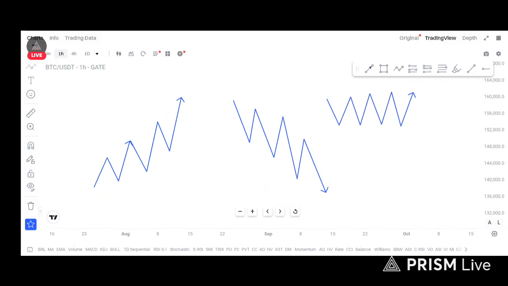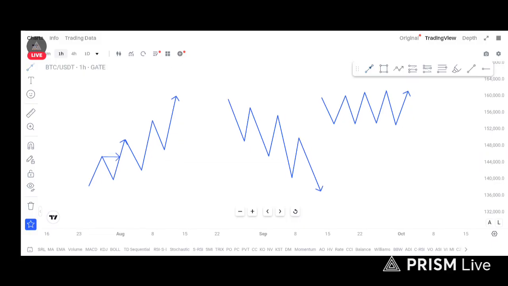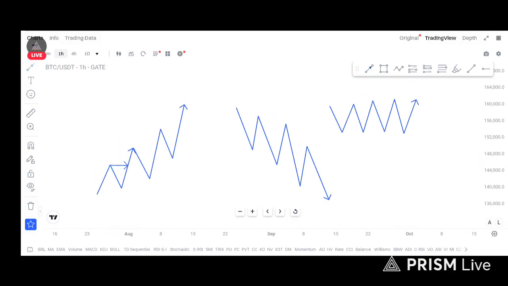I also talked about another thing, which is a break of structure. In the case of an uptrend, you know a low is valid when there is a break of structure. That's when you identify your lower low. We identified it as BOS.